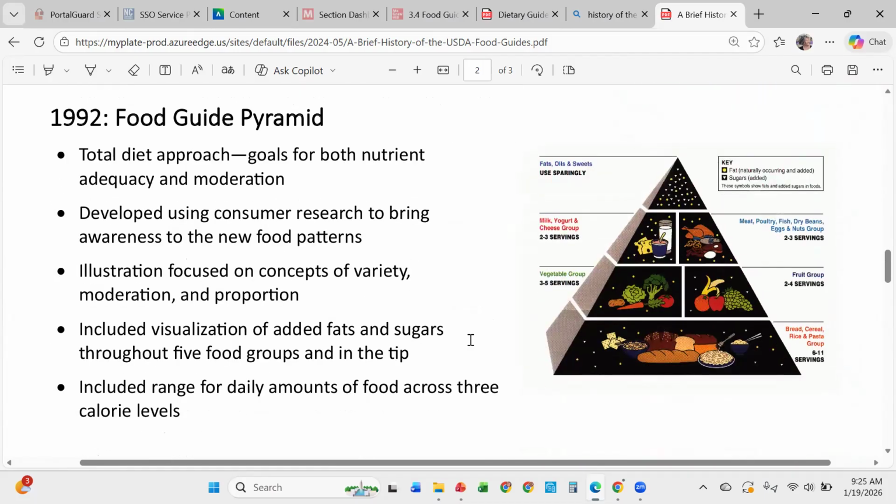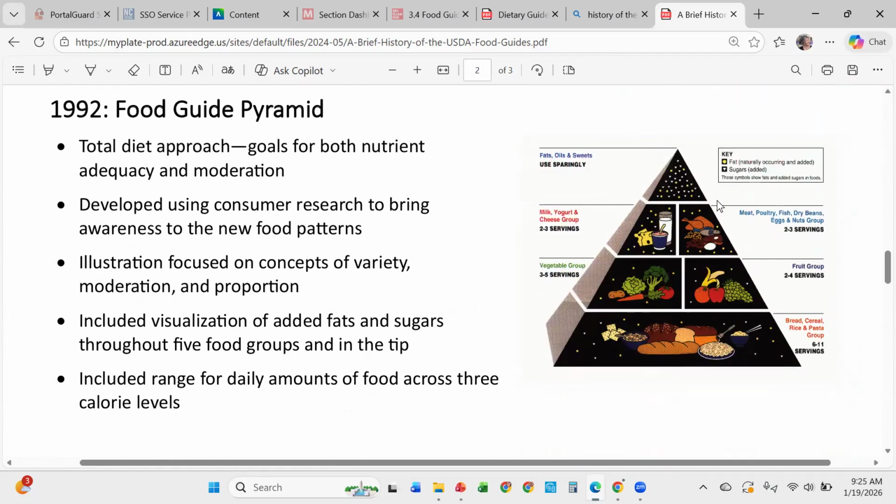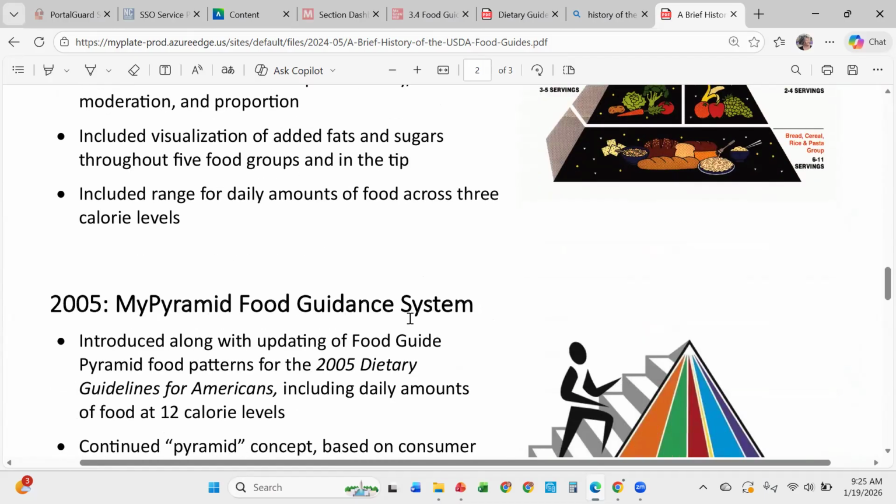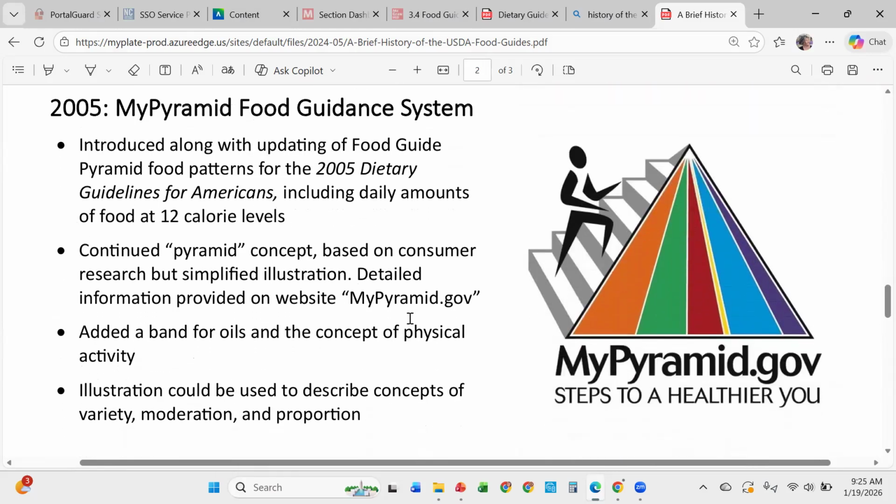And then back in the 90s, we have the first introduction of this pyramid model where you see the basis and the 5 food groups in this visual format, an illustration on quantity of recommendation of eating. Then in 2005, they kept the pyramid model but wanted to include activity, and they even put in steps to a healthier you.